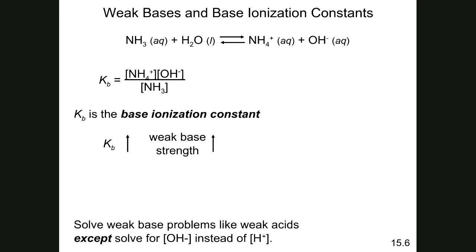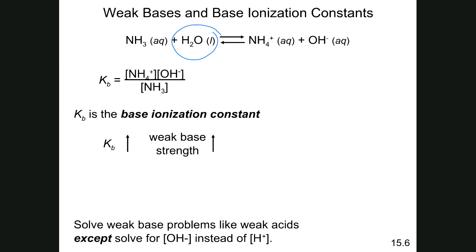For a weak base, you treat it just like a weak acid, with the exception that now you are calculating for the hydroxide ion instead of the H+. You're not going to bring in H2O because it's a pure liquid.